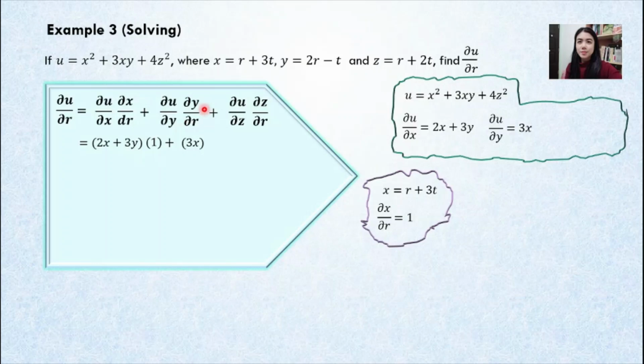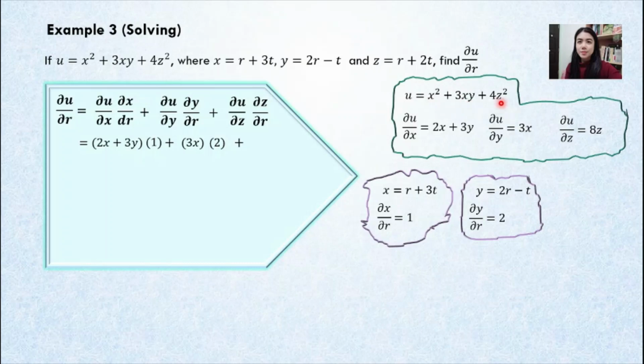Then go for del y del r. It can be obtained from the equation y, so del y del r gives you 2. Substitute here, so you have 2. And then plus del u del z. You can obtain del u del z from here. Treat the rest as constant, so this constant is 0, and this constant is 0.